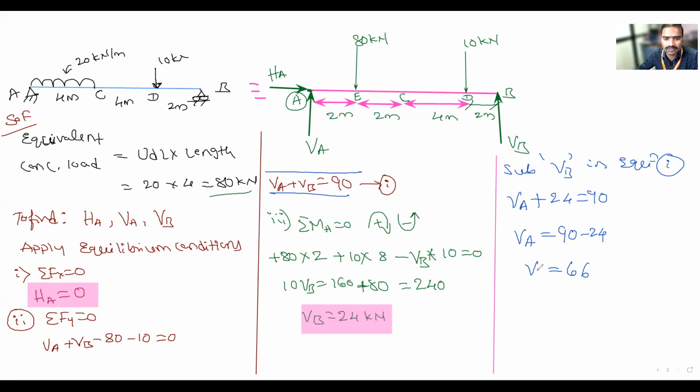VA is equal to 66 kilonewton. So this is how you have to find out the support reactions: HA, VA, and VB. Is it clear, everyone? Yes, sir. Copy it down. If you have any doubt, you can ask me.